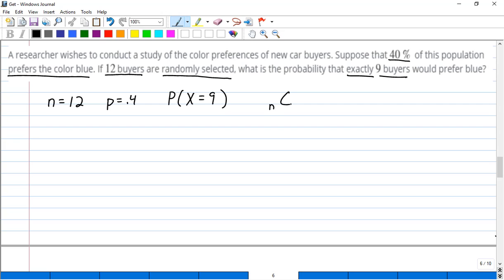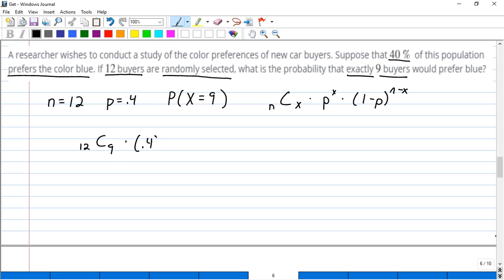It's nCx times p to the x times 1 minus p to the n minus x. All right, so I want to find 12C9 times the probability of success was 0.4.